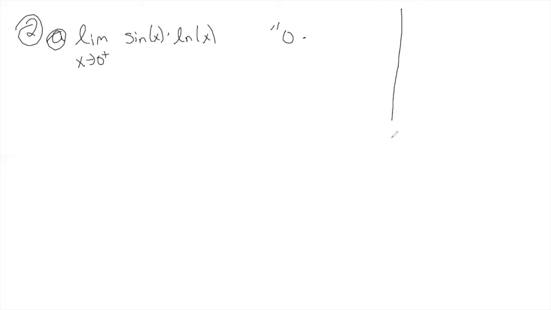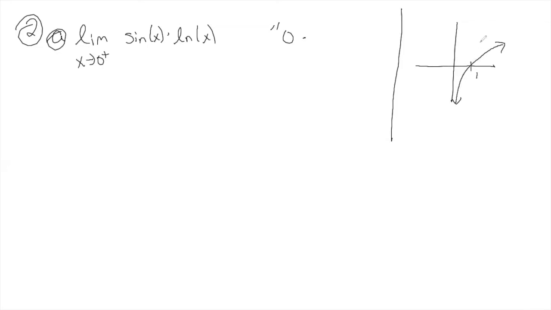Well, for this, again, we need to return to the graph. So remember that the graph of ln of x is something like this, where this point here is 1, which means that the ln of 1 is 0.